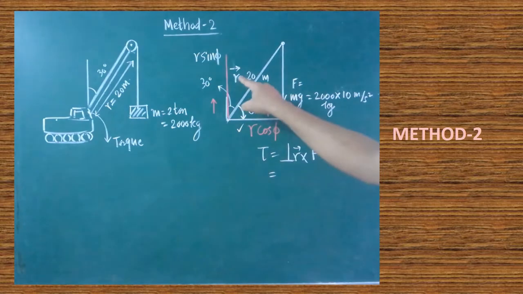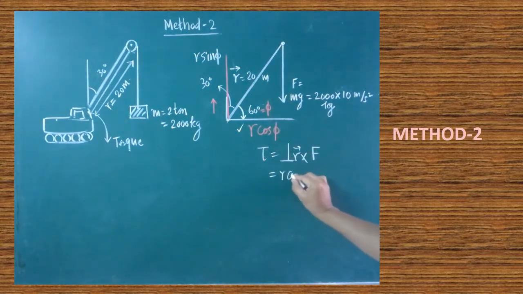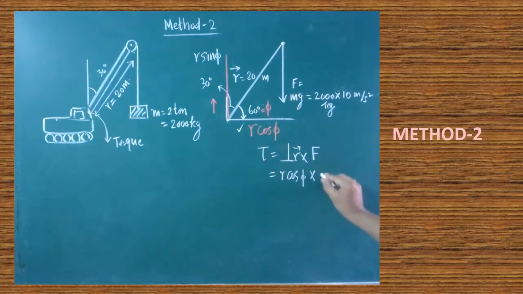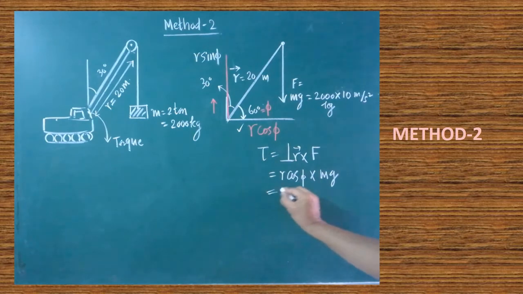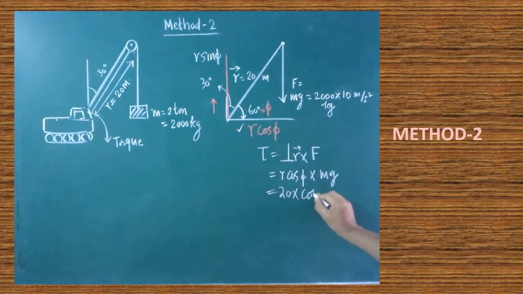The perpendicular component of R is R cos φ, multiplied by force. Force can be written as mg, the gravitational force. The R value is 20 cos 60, into 2000 into 9.8.